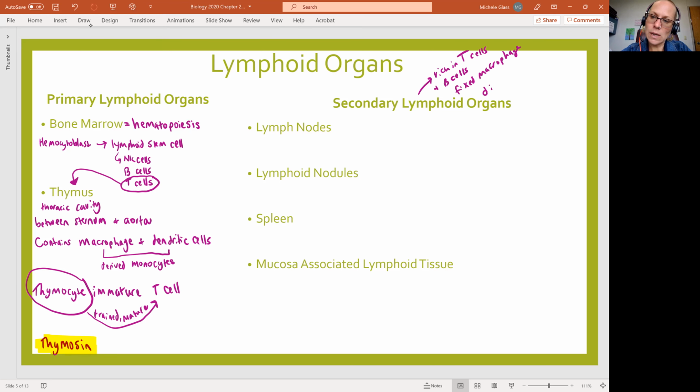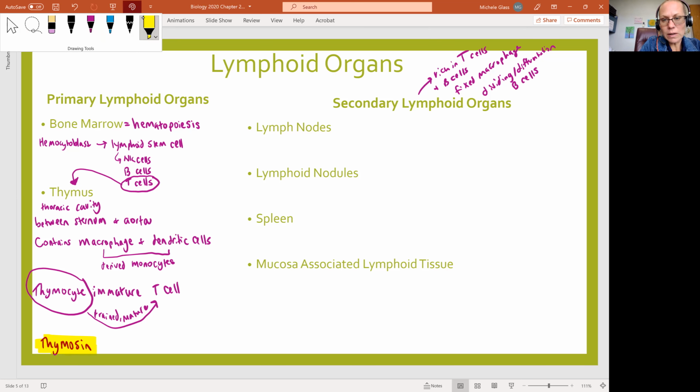And we'll also see that they'll be involved in the dividing and differentiation of those B cells. So when we talk about secondary lymphoid organs, these are organs and tissues that are rich in those T cells and B cells. They have a large number of macrophage, and they're involved in the dividing and differentiation of B cells.